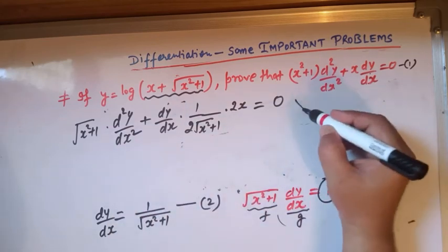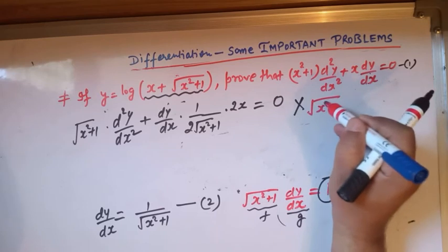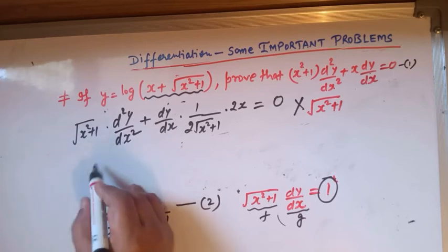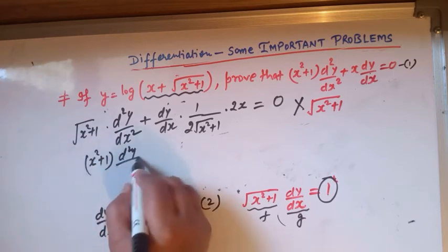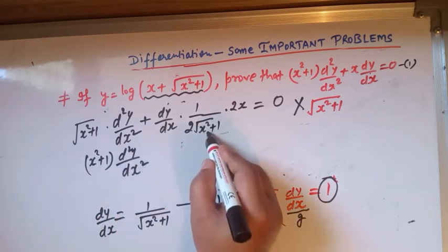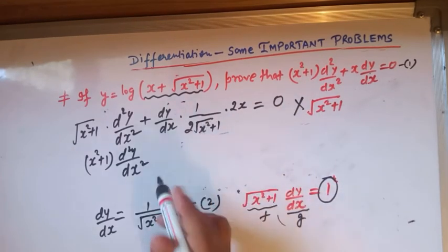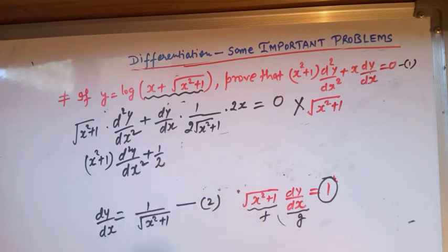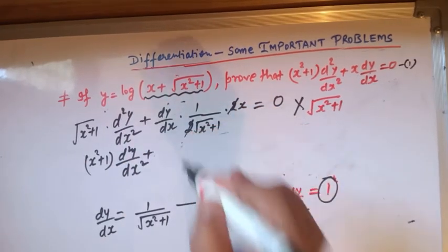Now we'll multiply this whole equation with this factor, square root of x square plus 1. So this factor will become x square plus 1 only. This is d2y over dx2. Here when we multiply this by this factor, so this factor gets cancelled, and we have half, this is plus, this is half, this is 0, this 2 and this 2 get cancelled.